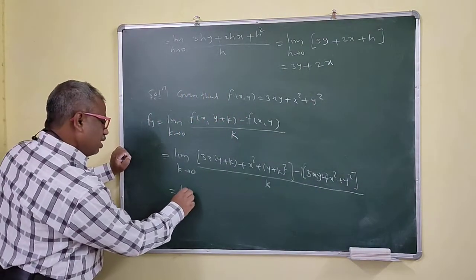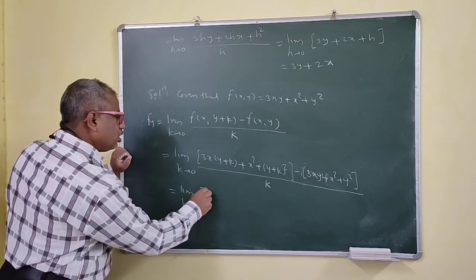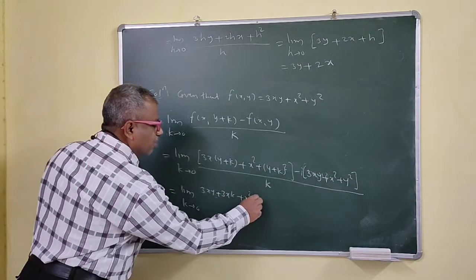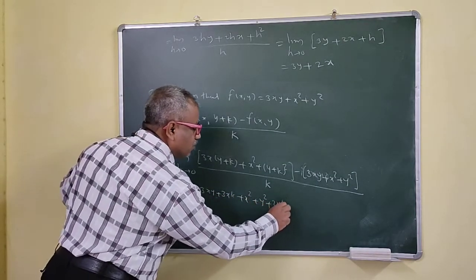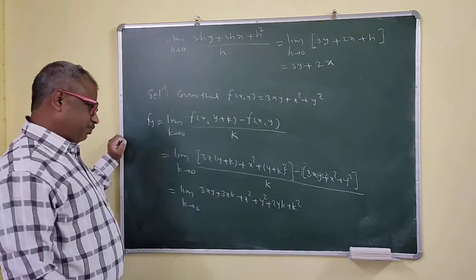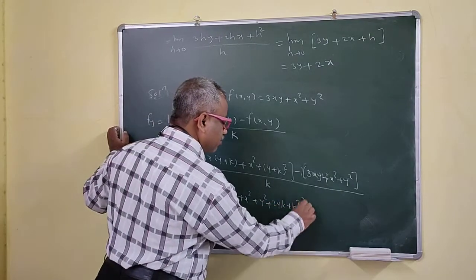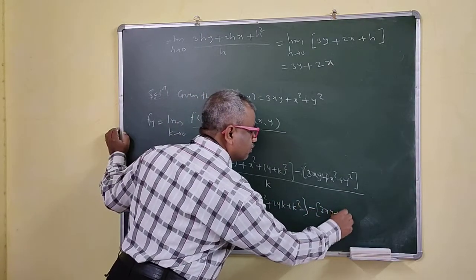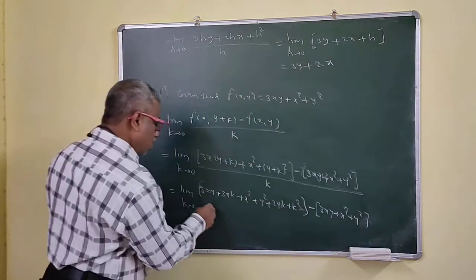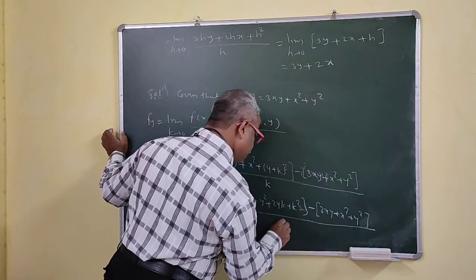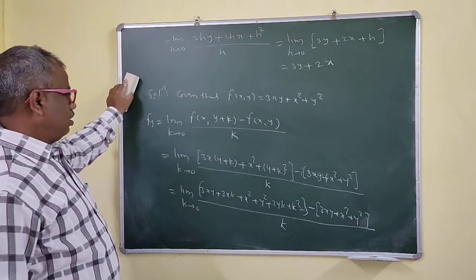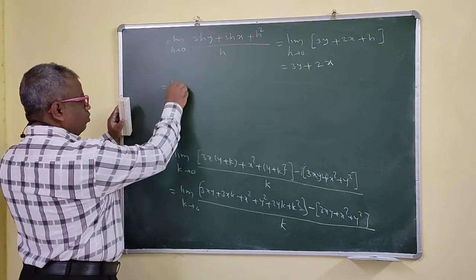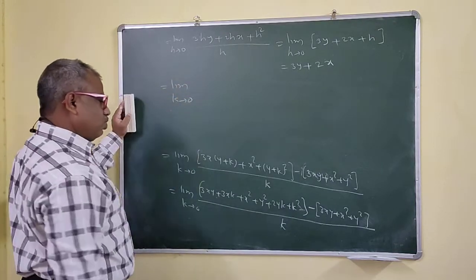So this one, limit k tends to 0 of 3xy plus 3xk plus x square plus y square plus twice yk plus k square minus this, which will be as it is, upon k. Just simplify this.